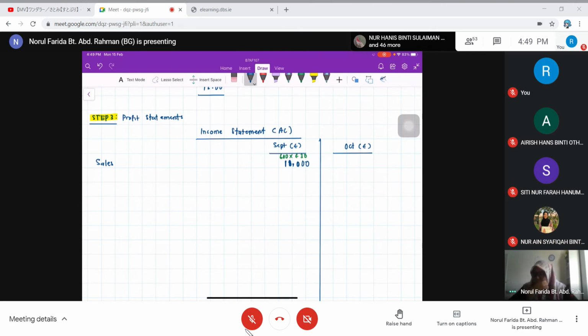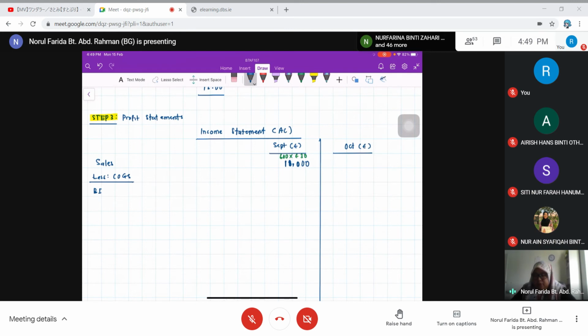Alright. And then you will less your cost of goods sold. Right? Your cost of goods sold will start with your beginning inventory. Okay, beginning inventory.